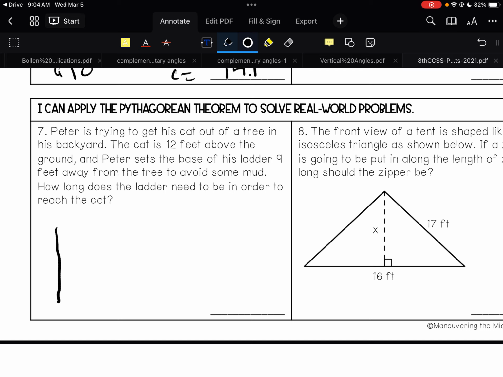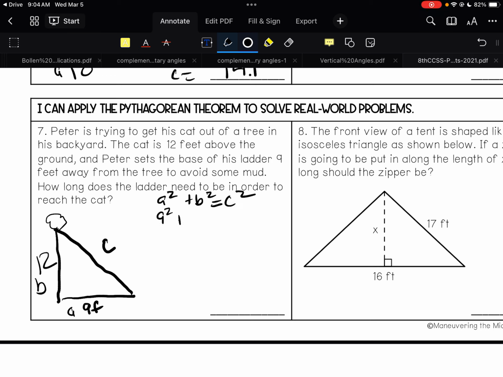So the first thing, I'm going to draw the tree. And I know the cat is 12 feet up, so I know this side is 12 feet. He places it 9 feet away, so I know this is going to be 9 feet. How tall does the ladder need to be? So this would be my C, this would be my A, and my B. I get A squared plus B squared is equal to C squared.